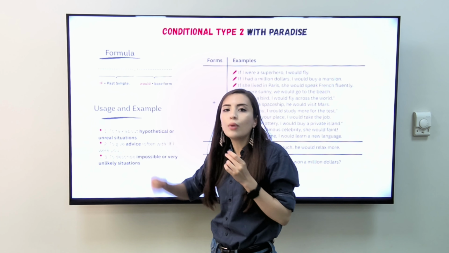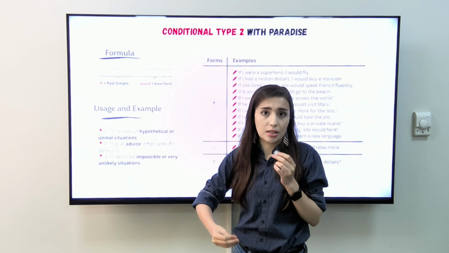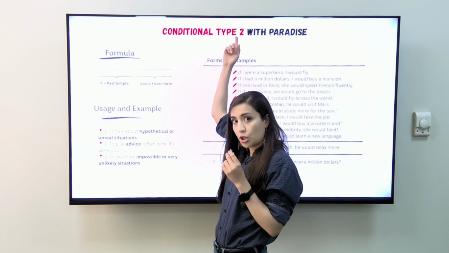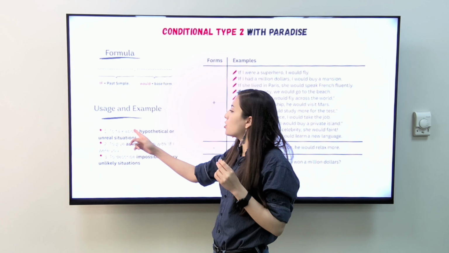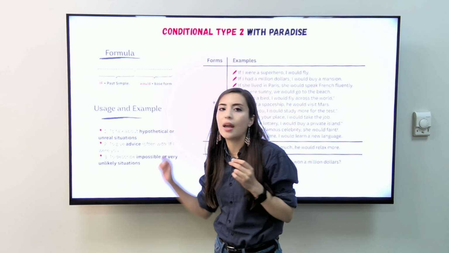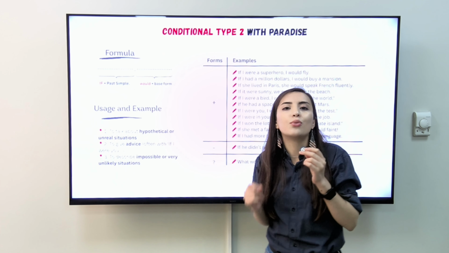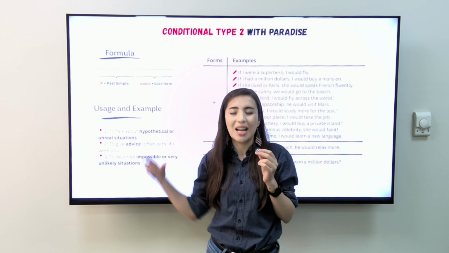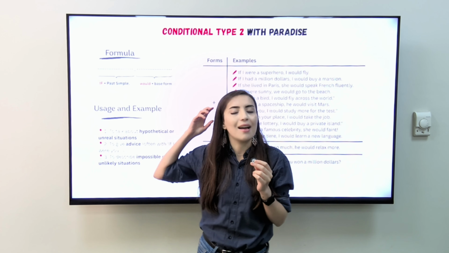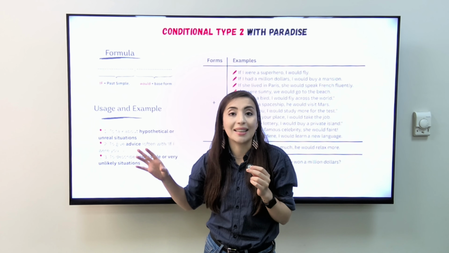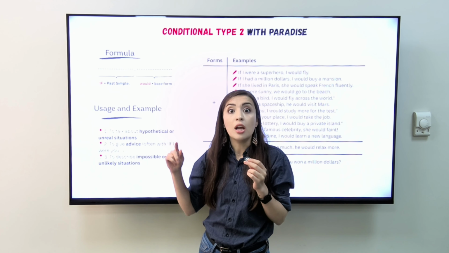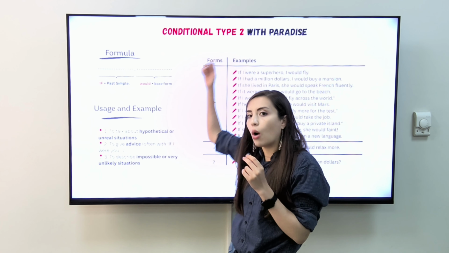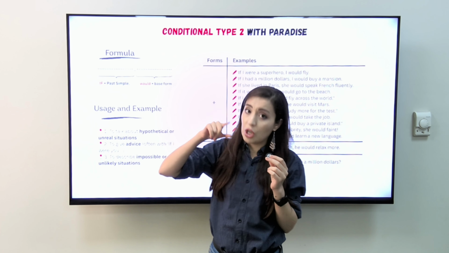These are the three main situations in which we use type 2. Number one is to talk about hypothetical or unreal situations. This is an imaginary situation. This is something that I have in mind, and it's not real, it's a fantasy. The first one, conditional type 0, was about facts and general truth.